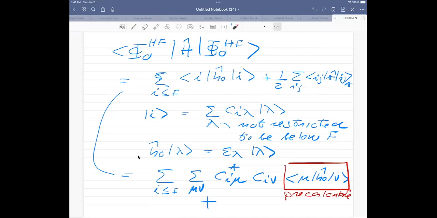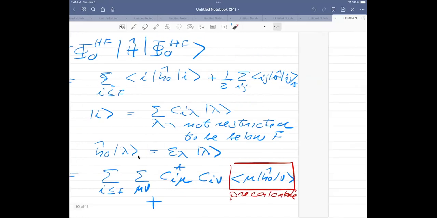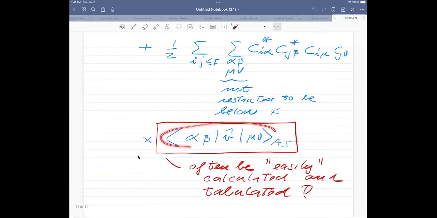For those of you who may encounter density functional theory, the equations are going to be the same, except that there will be approximations to this term here. But the practical recipe which we have for Hartree-Fock theory is going to be the same practical recipe which you will have in density functional theory.